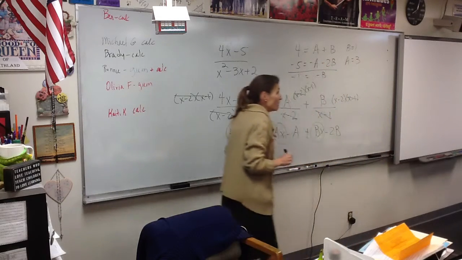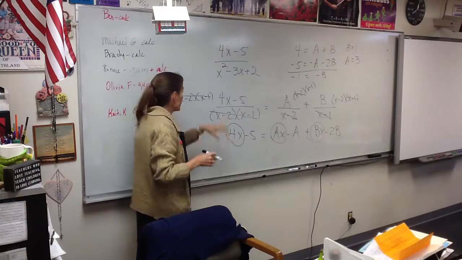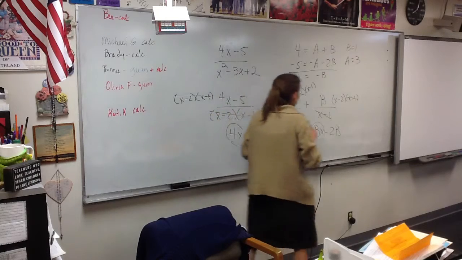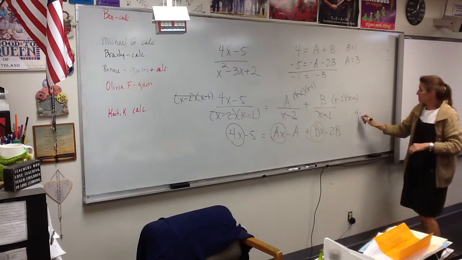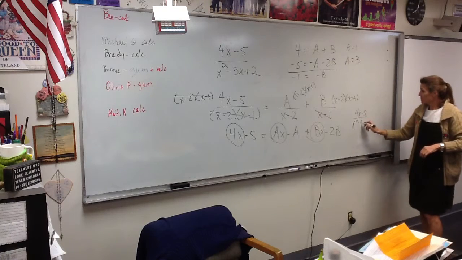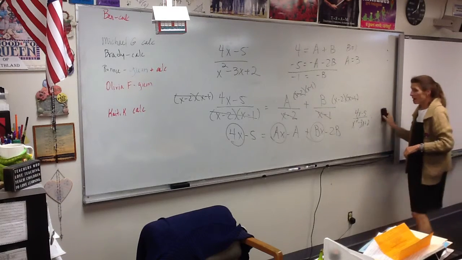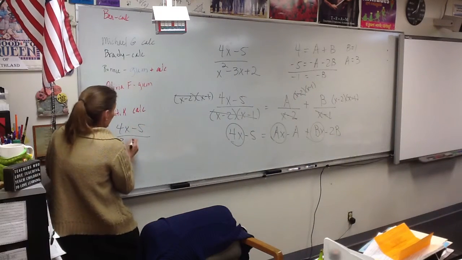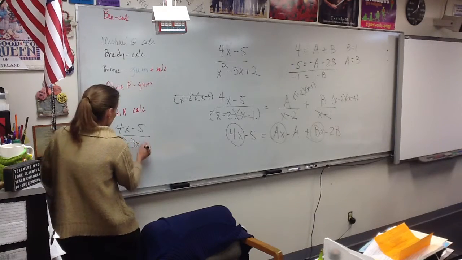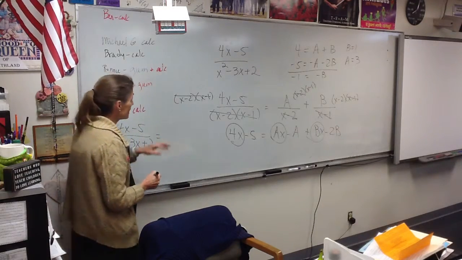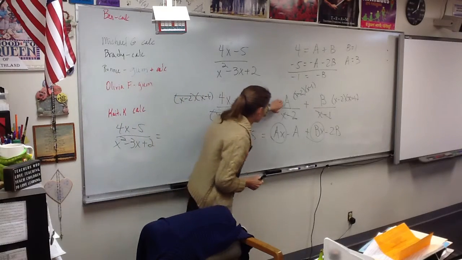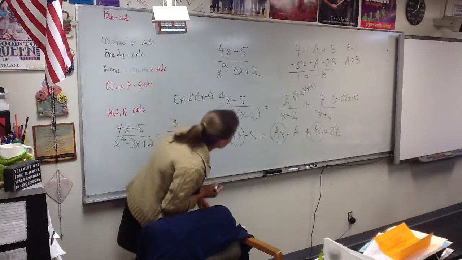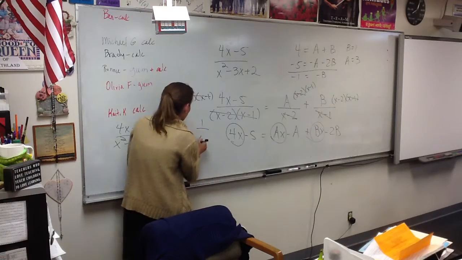And so your job was to find the two little fractions that add up to this, and you have now found them. 4x minus 5 over x squared minus 3x plus 2 has to equal a, which was 3, over x minus 2 plus 1 over x minus 1.